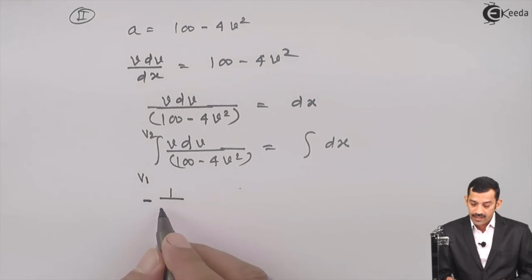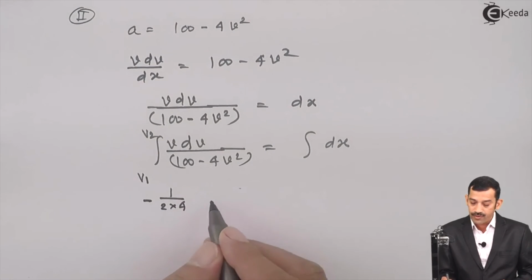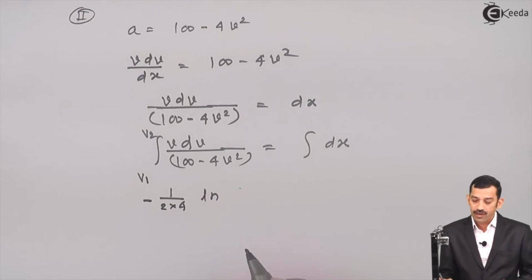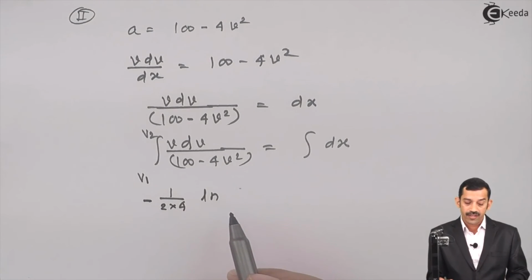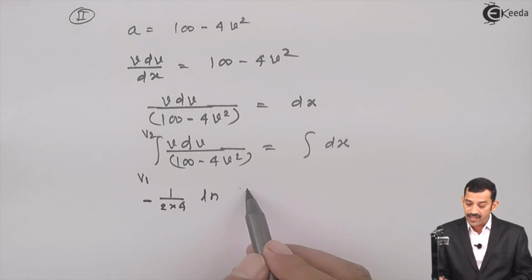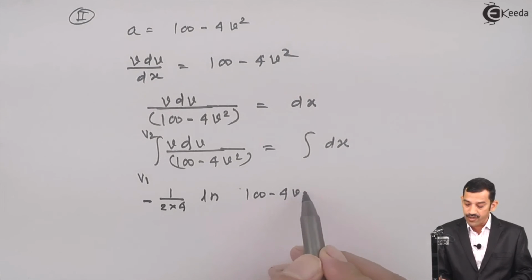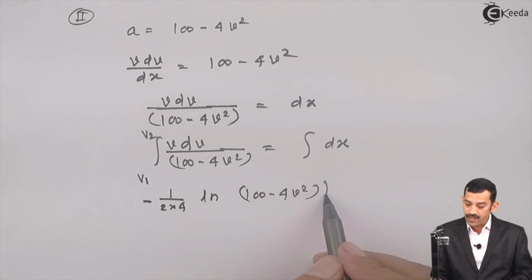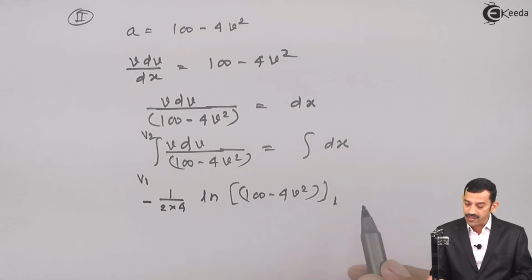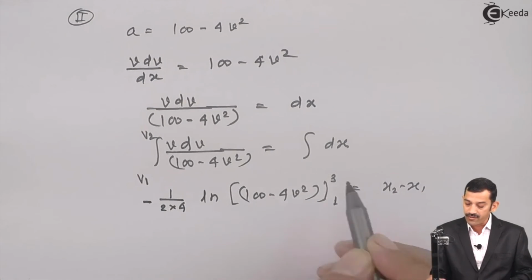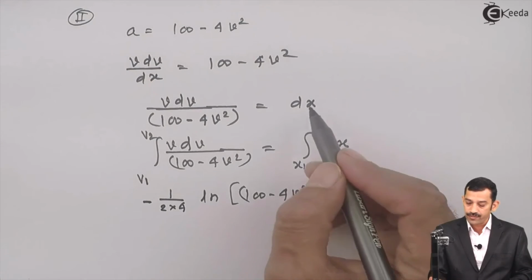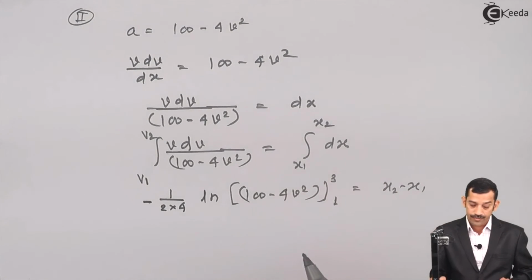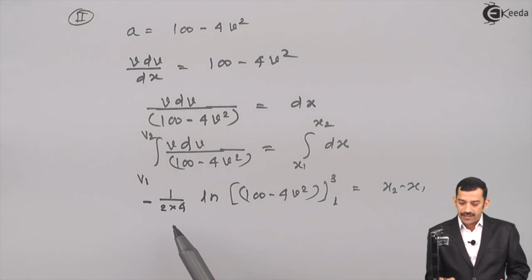Therefore minus 1 upon 2 into 4, and then log of 100 minus 4v square, with limits of integration from 1 meter per second to 3 meter per second, and this becomes x2 minus x1, where the limits are x1 to x2.